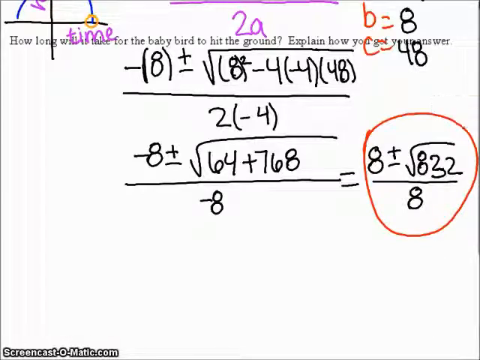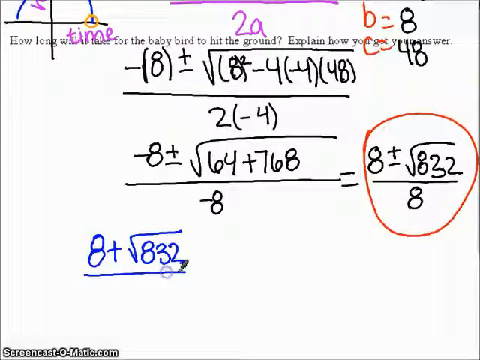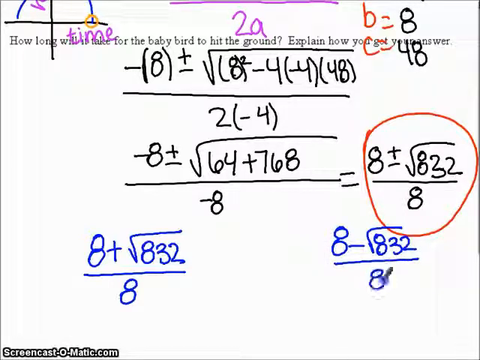So that means I gotta write one equation where it's 8 plus the square root of 832 divided by 8, and then 8 minus the square root of 832 divided by 8.